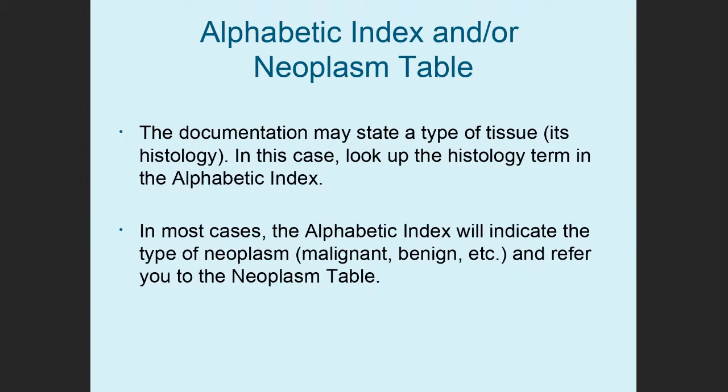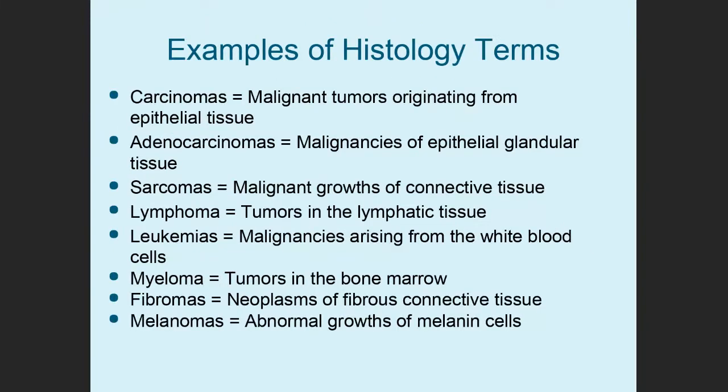So start with the alphabetic index, and then if it tells you to, you need to go back to the neoplasm table. The alphabetic index will indicate the type of neoplasm, benign, malignant, etc., the column in the neoplasm table that you need to use, and will refer you back to the table.